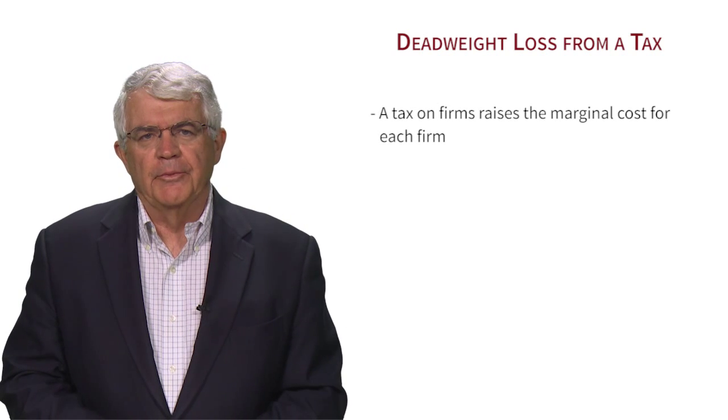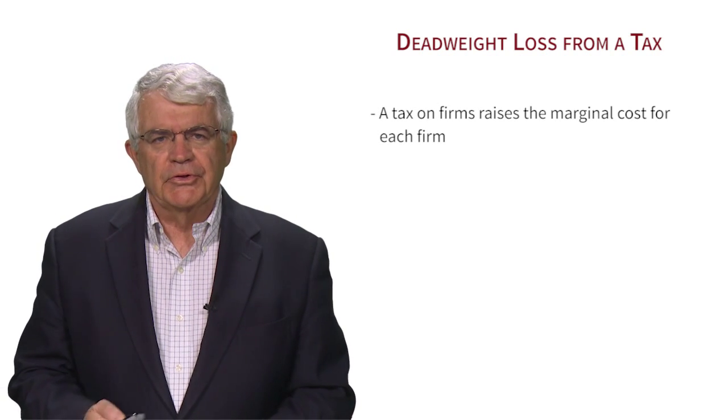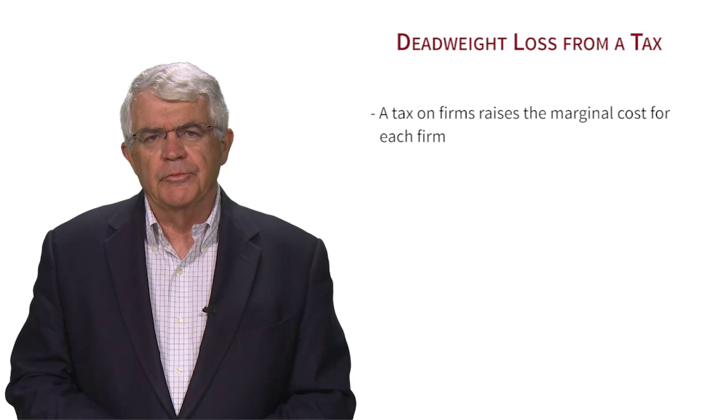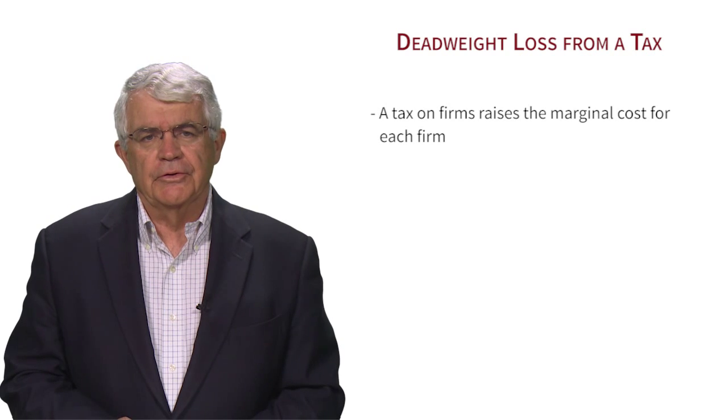You can think about the deadweight loss as coming from many different things. As we'll see as we proceed with the principles of economics, it can come from a tax. For example, a tax on firms, where the firm has to pay a tax to the government, raises the marginal cost for each firm.